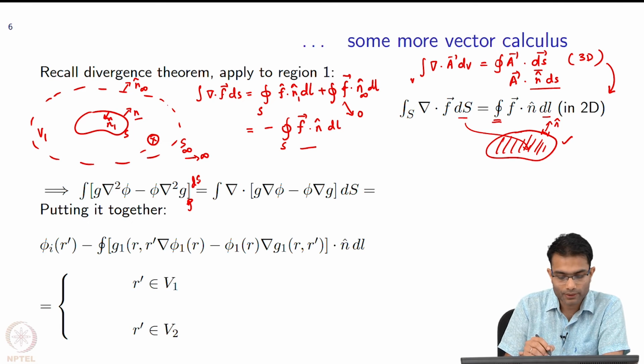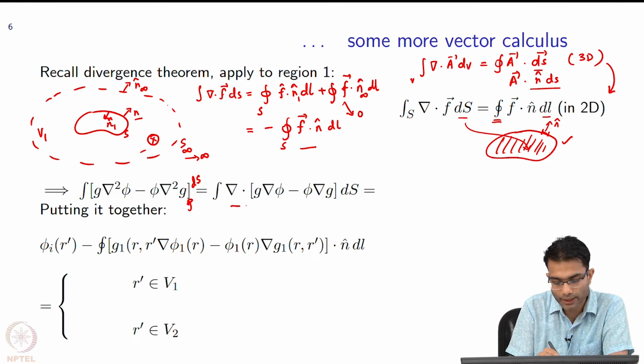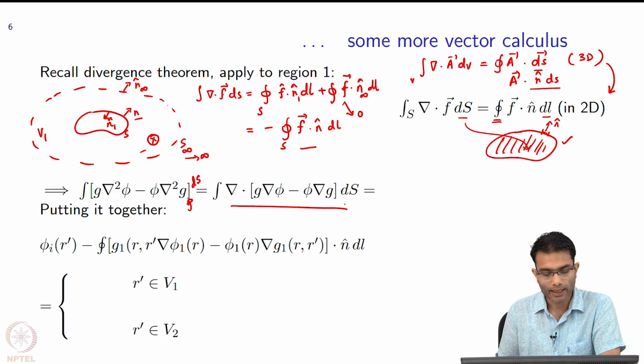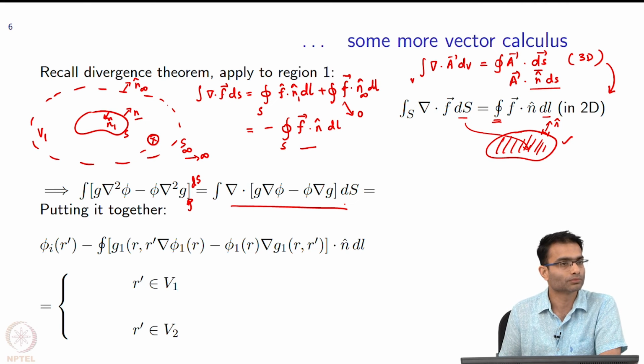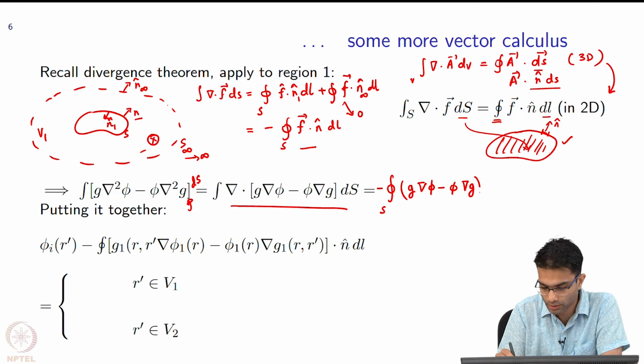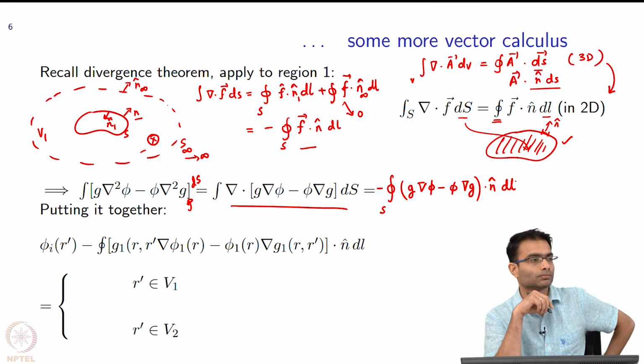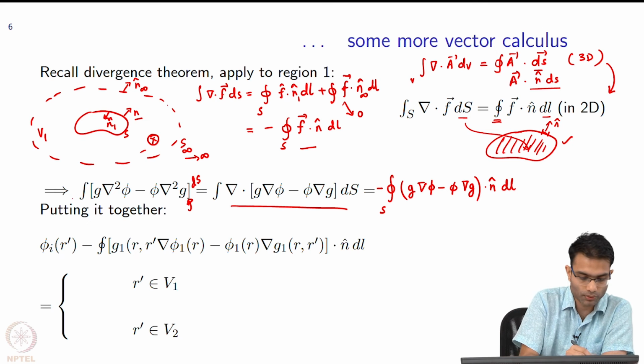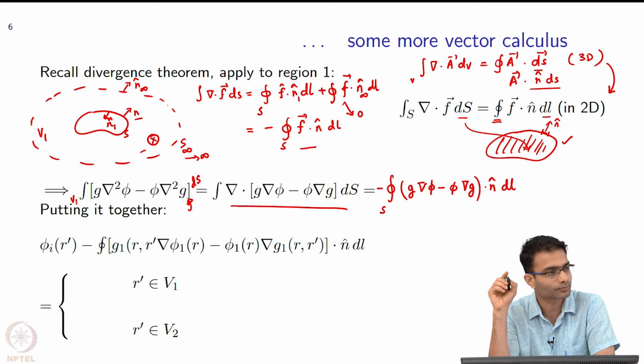Using what we had derived earlier, this became del dot this whole thing, and here is where we apply our divergence theorem, and so this will become negative over S, G grad phi minus phi grad G, dot n hat dl, and this is over V1. That fine?